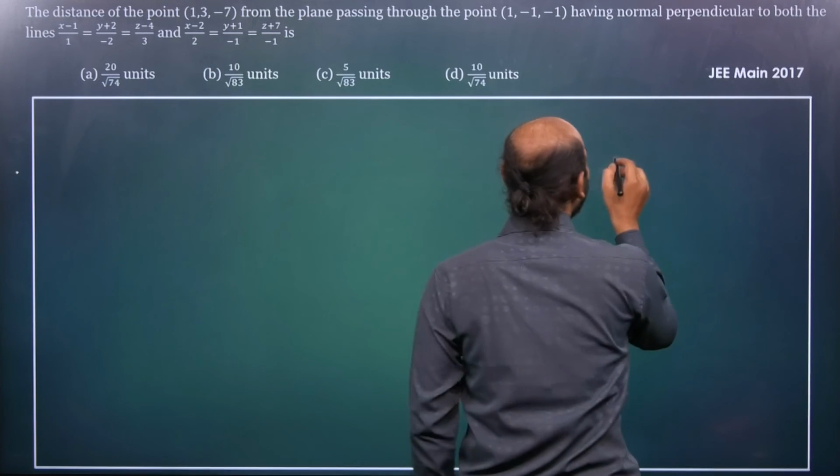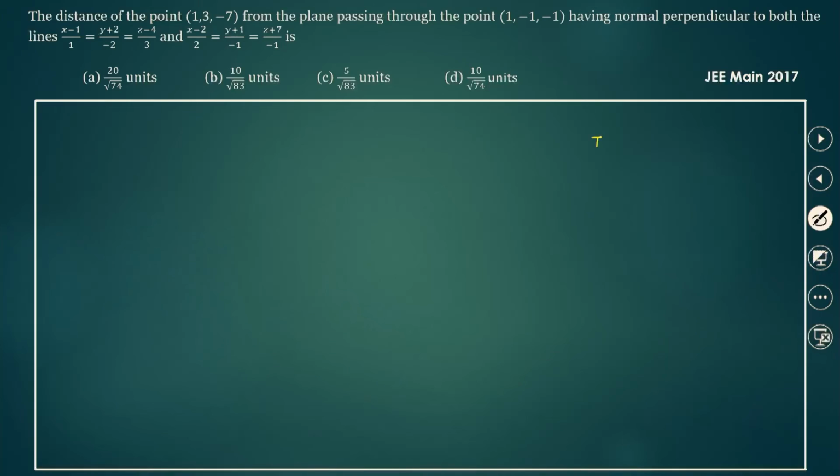So we'll say that the direction ratios of the given two lines are: A is a vector that is (1, -2, 3), and B is another vector whose direction ratio is (2, -1, -1). So these are the direction ratios.